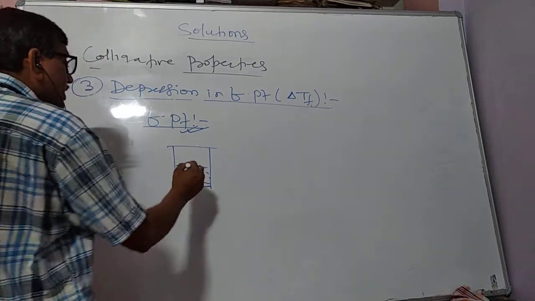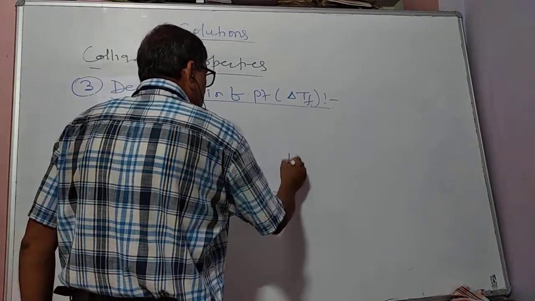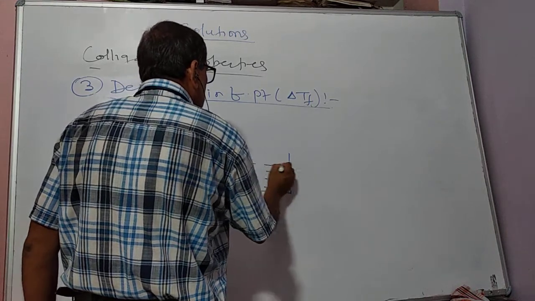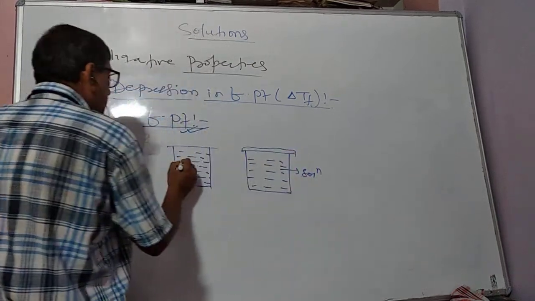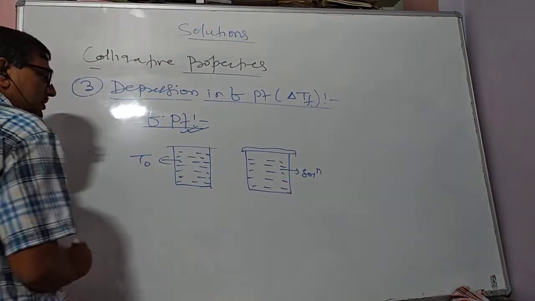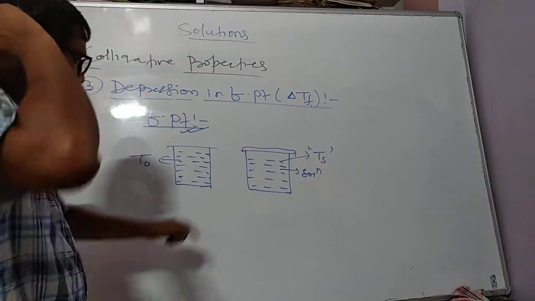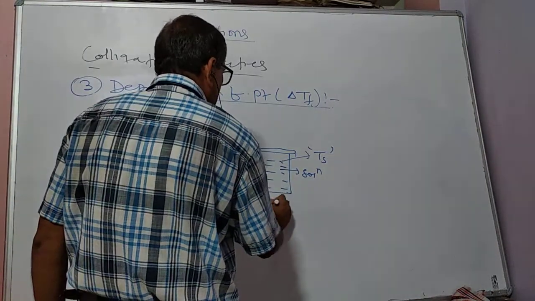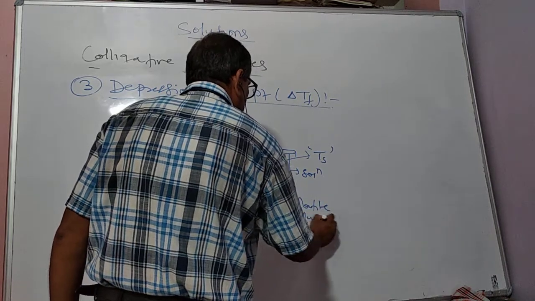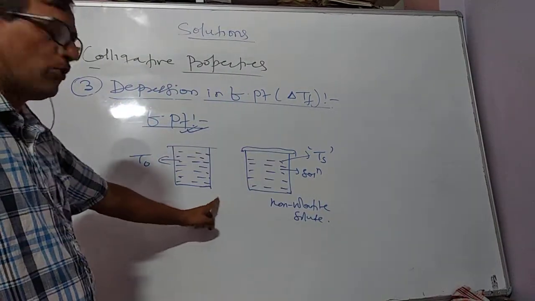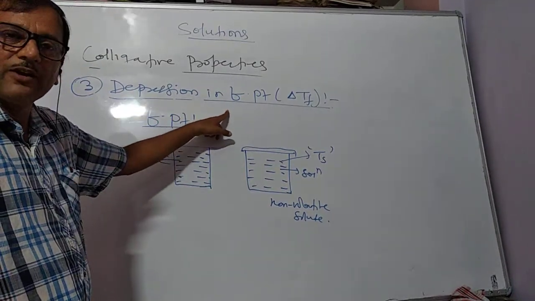If we take a pure solvent and, in another container, a solution containing a non-volatile solute, and the pure solvent's freezing point is T0 and the solution's freezing point is Ts, then because of the non-volatile solute, its freezing point is decreased, and this is said to be depression in freezing point.